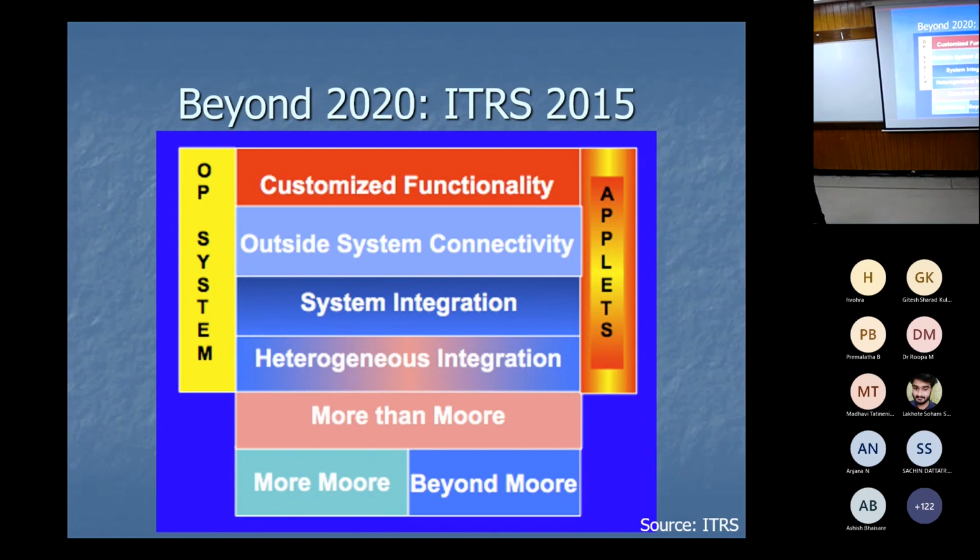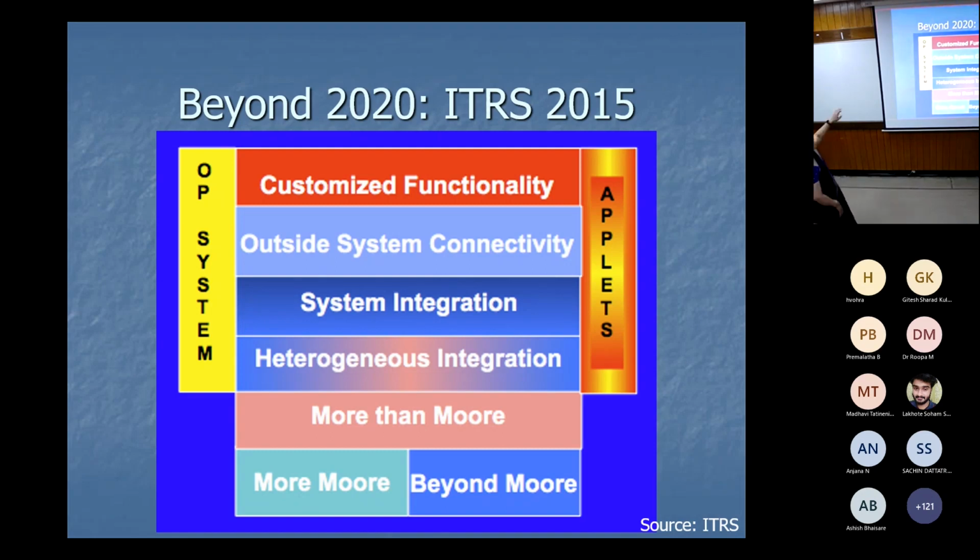So outside system connectivity, again, there are a lot of options. How do you connect chip to chip now? How do you connect die to die? Right? There are many ways being thought of: optical connectivity, wireless connectivity. A lot of options are being tried out to really realize the heterogeneous systems.